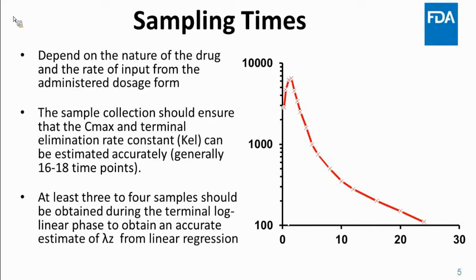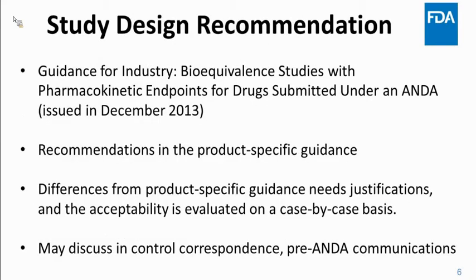Also, the sampling schedule should cover the concentration time curve long enough to provide a reliable estimate of extent of drug exposure, which is achieved if AUC 0 to T covers 80% of AUC infinity. At least 3 to 4 sample times should be required during the terminal log phase in order to reliably estimate the elimination rate constant.